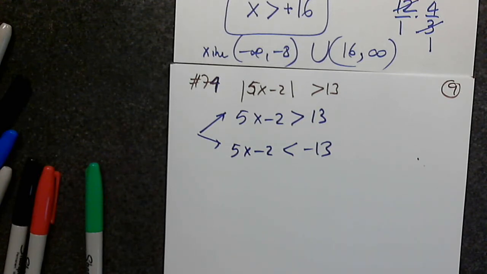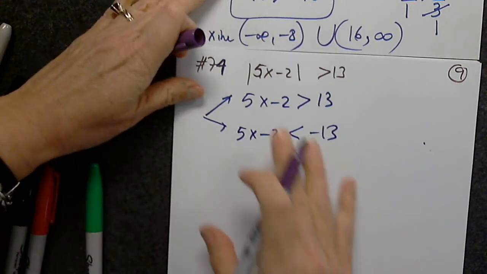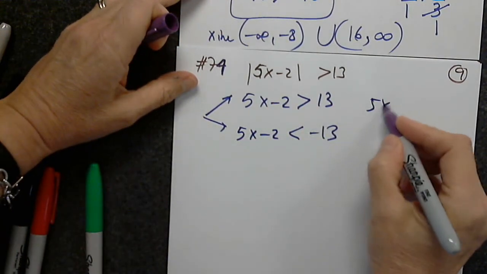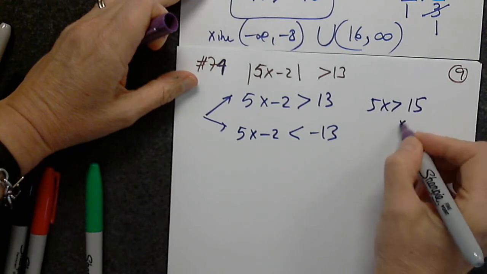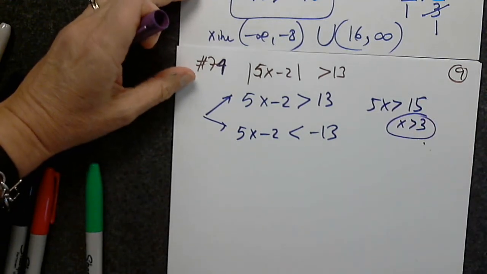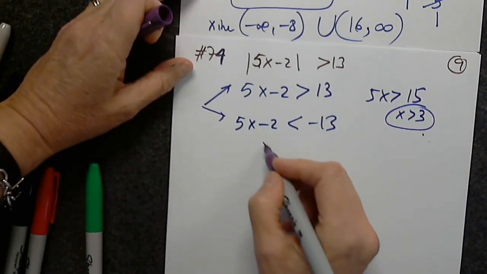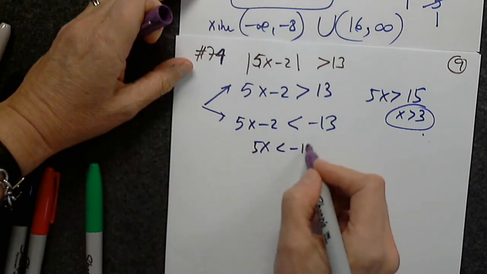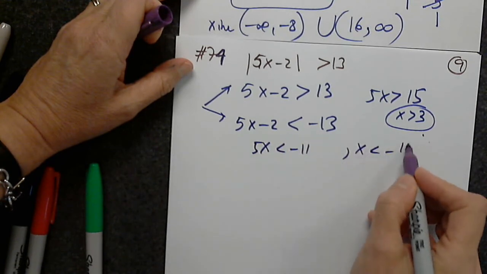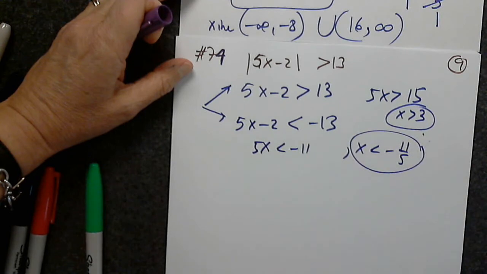And if you take the other one as less than 13, you're including the middle part, and that's not allowed. So of course I'm going to add 2 to both sides. So this is 5x greater than 15, and then divide by 5. And here I have 5x less than negative 11, and x is less than negative 11/5.